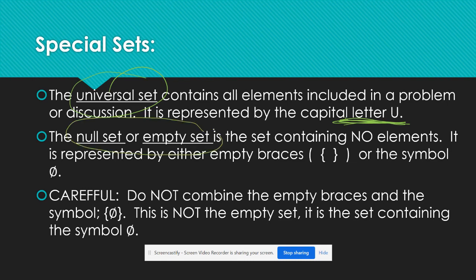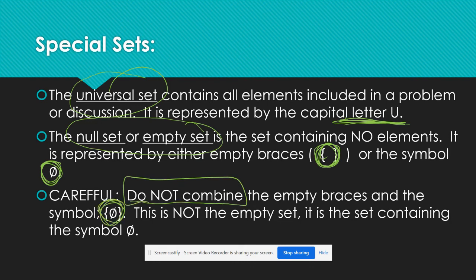The null set or empty set is a set that contains no elements. You can either draw this symbol right here, I only put those parentheses there so it would stand out, or this symbol here. You cannot combine the two. You cannot do this.